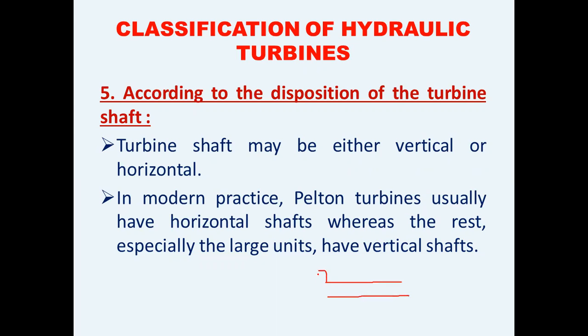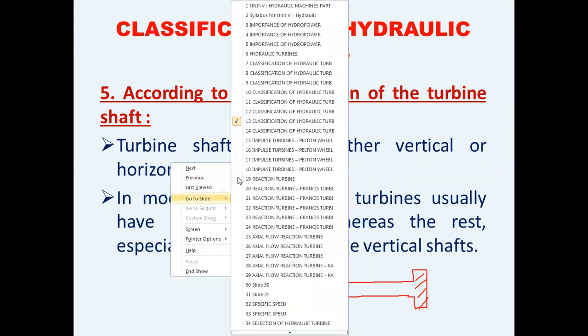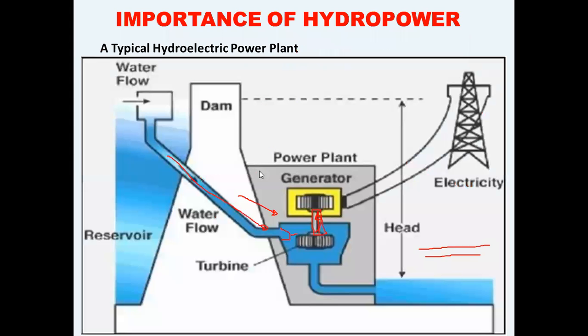That means at this end, a turbine is provided, and at the other end, the generator is provided. So this is the example of horizontal shaft. And the example of vertical shaft we have already seen in the image. In this image, this is an example of vertical shaft.